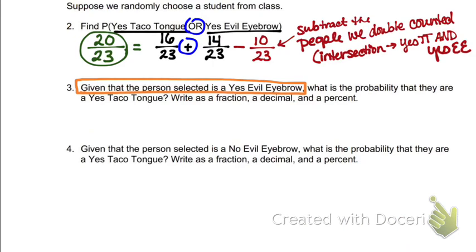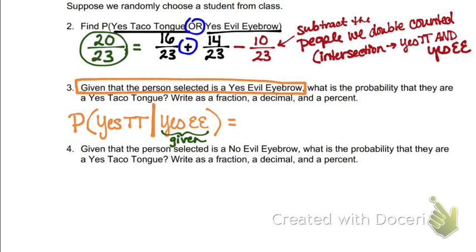So here's the way I write this probability statement. Probability of yes taco tongue, and then I do a line here, and after the line is my given information. Yes evil eyebrow. This is my given. And you said that was going to be 10 out of 14.